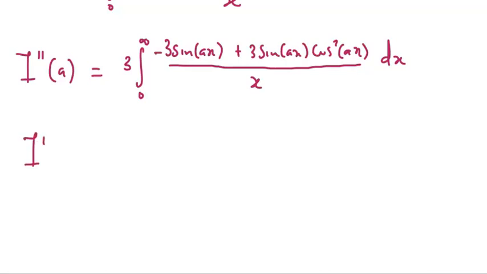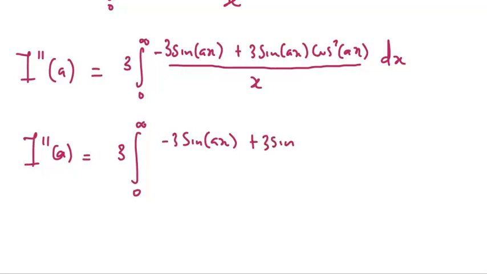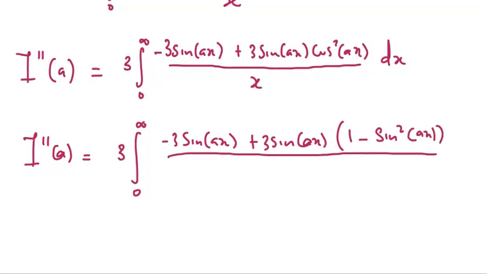So here we have I prime prime of a is equal to 3 integral from 0 to infinity. So this is negative 3 sine of ax, plus 3 sine of ax into bracket 1 minus sine squared of ax, then divided by x, and then we have our dx.